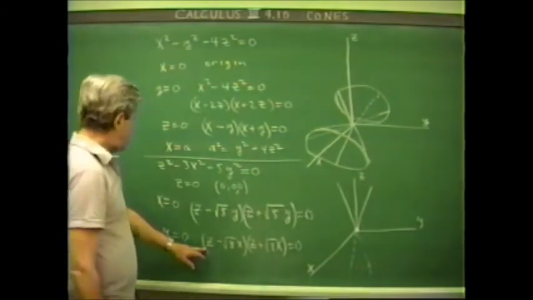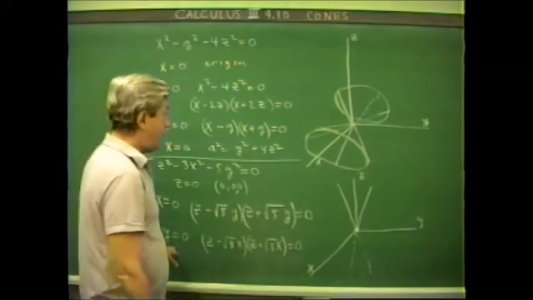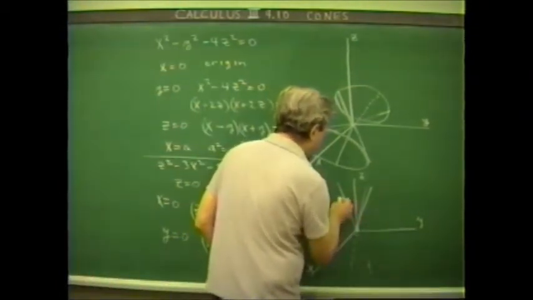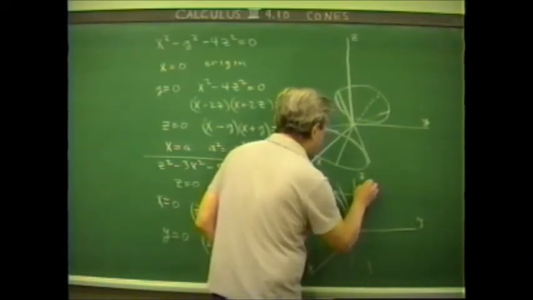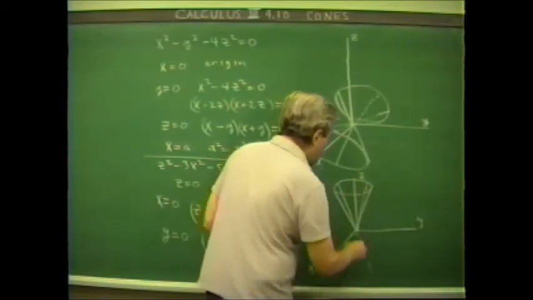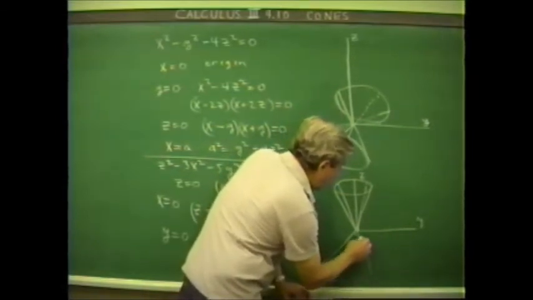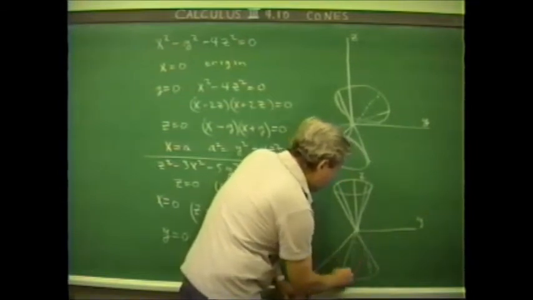Again, two lines in the xz plane. They look something like this. And the resulting graph is going to look like this. Likewise down here, in the xy plane, the resulting graph is going to look something like this.